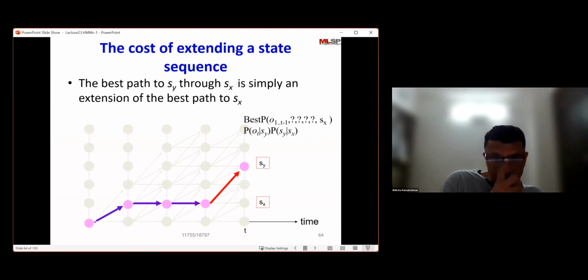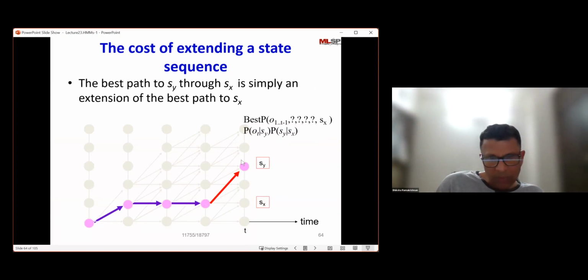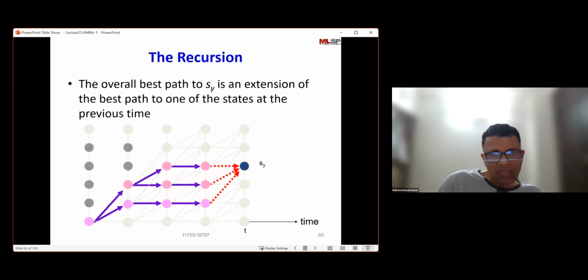And so the amount by which the probability changes when you extend the state sequence from here to here is simply this transition probability times the probability of the tth observation from this state. Simple, right?